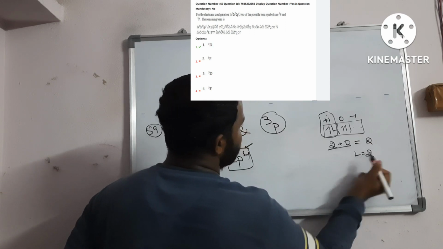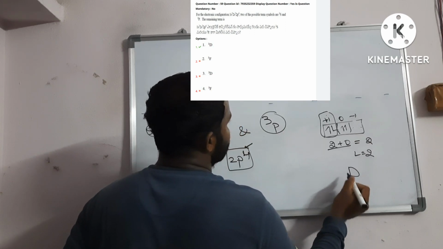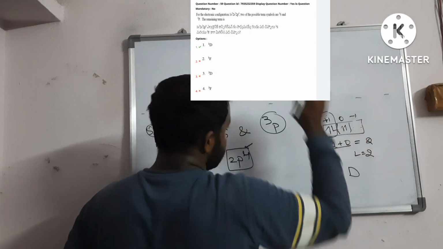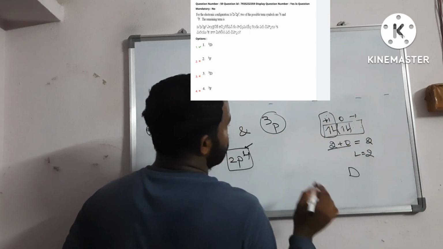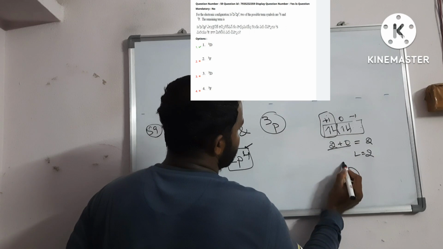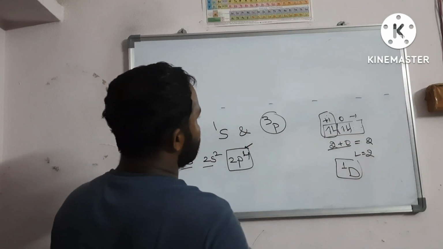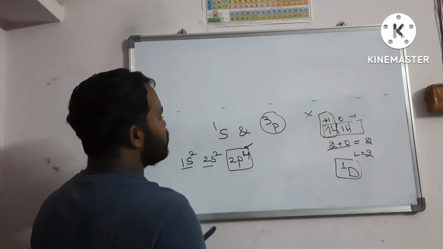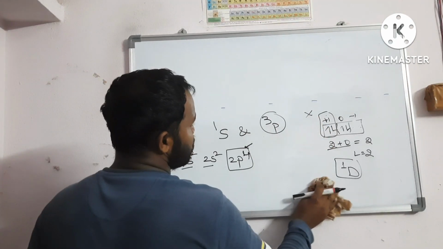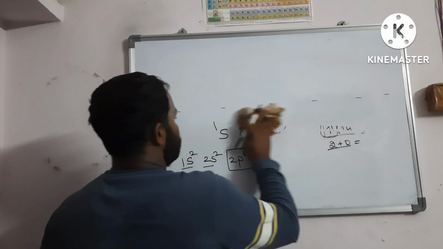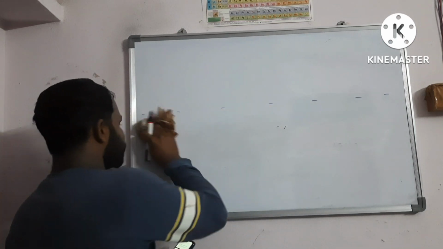L equal to 2 is a D term. There is no unpaired electron, so it is singlet D. This is one more possible term. Generally it won't exist otherwise, but they asked only for a possible term, so singlet D is the answer. Next question number 60.